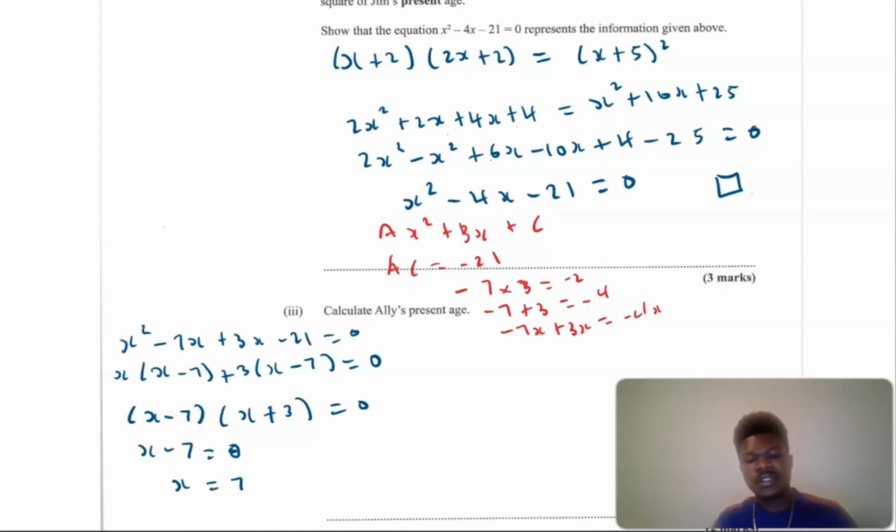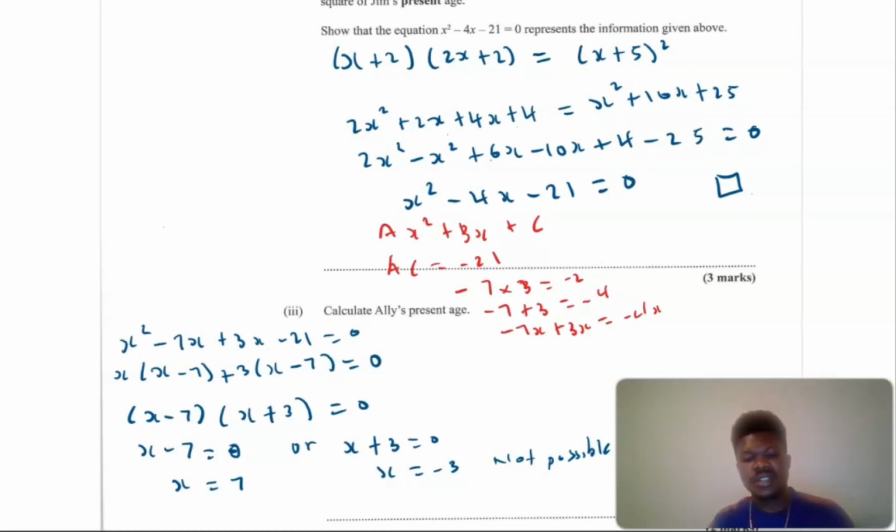Therefore, x is equal to 7, or, because x cannot have two values in this situation, it's possible. So let's see, x plus 3 equals 0, x equals negative 3. This is not possible because she cannot be negative years old. And remember, initially she was x years old, but it says present, she's now x plus 2.